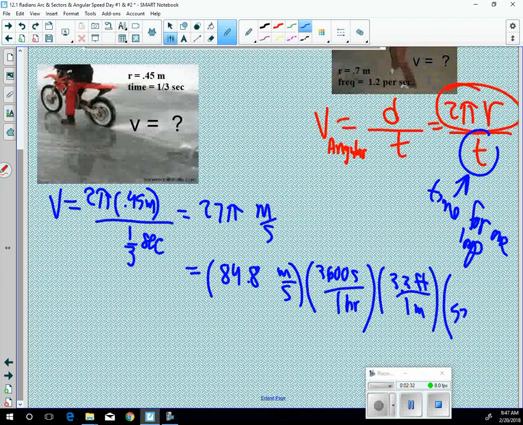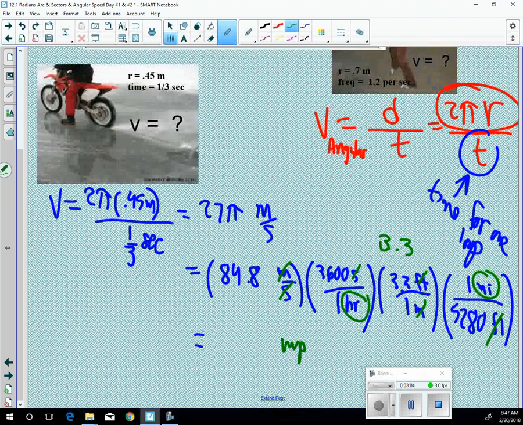There's 5,280 feet in 1 mile. And you guys have talked about this in physics, haven't you? As long as you can get the seconds to cancel, the meters to cancel, the feet to cancel, what are you left with? Miles per hour. So with your calculators, would you take 84.8 times 3,600, times 3.3, and then divide by 5,280. And tell me what this is in miles per hour.